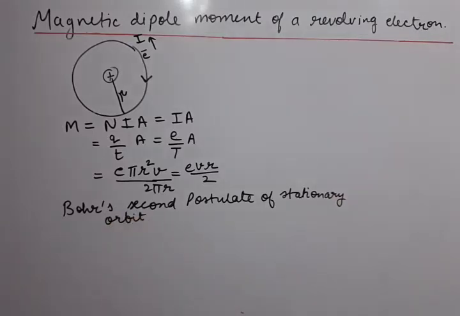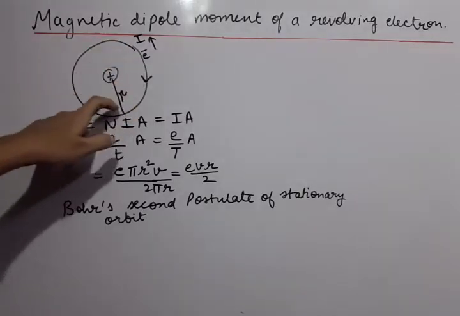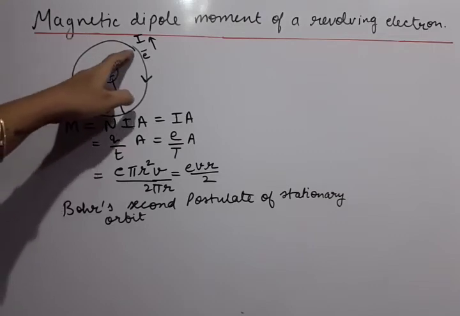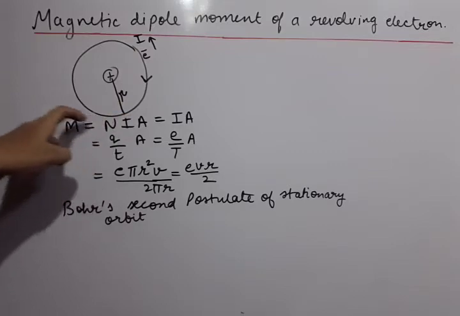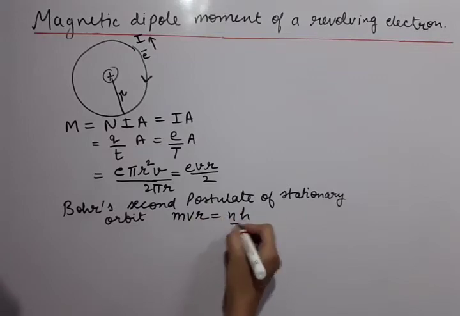Bohr suggested about the electron's revolution, or we can say about the atomic model, that electrons which are revolving in the orbits can only revolve without losing energy in those orbits which have this condition: mvr equal to nh upon 2 pi. This is called the stationary orbit postulate given by Bohr.